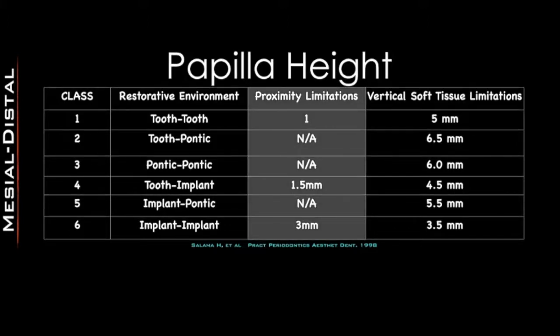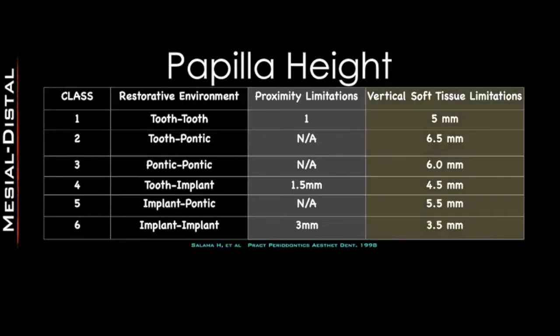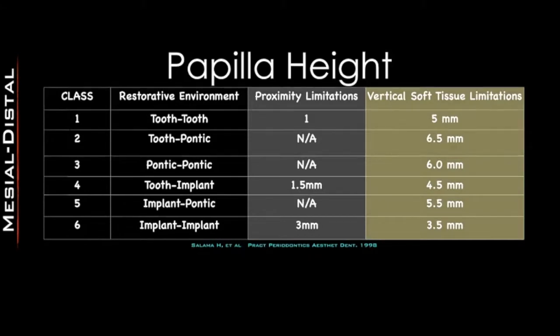So they looked at the proximity between the two structures, either tooth to tooth, tooth to pontic, two pontics, teeth and implants, implants and pontics, implants and implants. And this article is still a huge landmark for implant dentistry. And then they saw how high the papilla goes in each scenario.